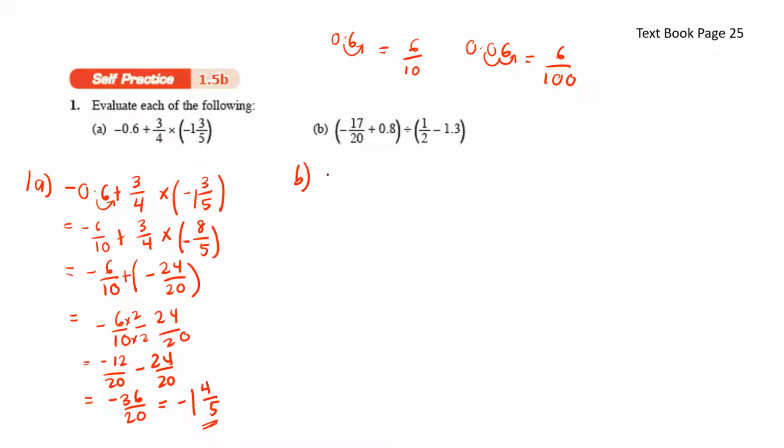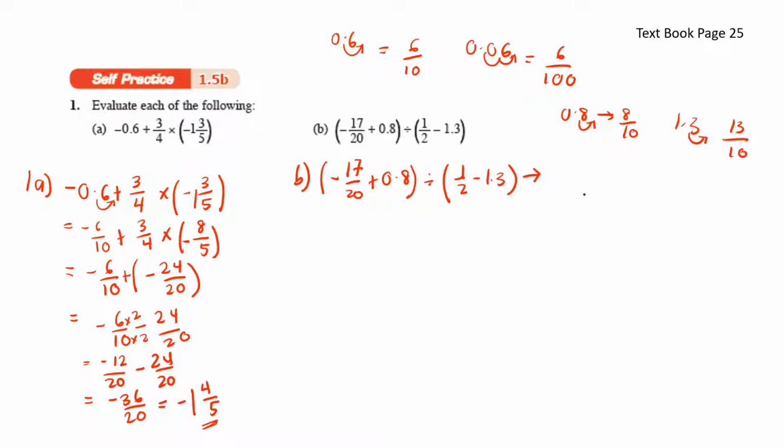Next, for B, we have negative 17 over 20 plus 0.8 divide by 1 over 2 minus 1.3. So here let's convert this first. 0.8 will become 8 over 10 as we move 1 decimal place to the right, and 1.3 will become 13 over 10.